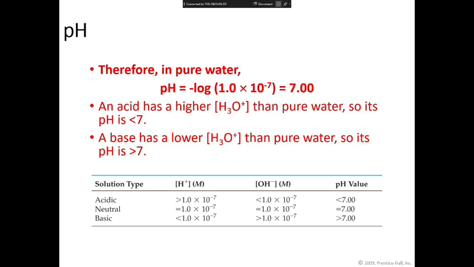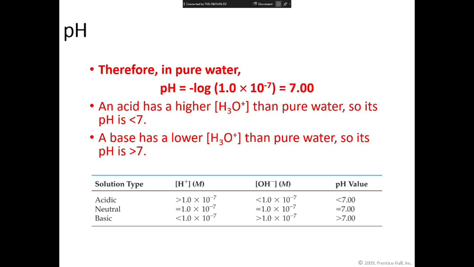Also, when the pH changes by 1, so if the pH goes from 7 to 8, that means the solution has 10 times as much hydroxide than it did before. If it goes from 8 to 9, then it has 10 times more hydroxide than it had before, because hydroxide is on the basic side. If you start at 7 and go from 7 to 6, that means the solution became 10 times more acidic.